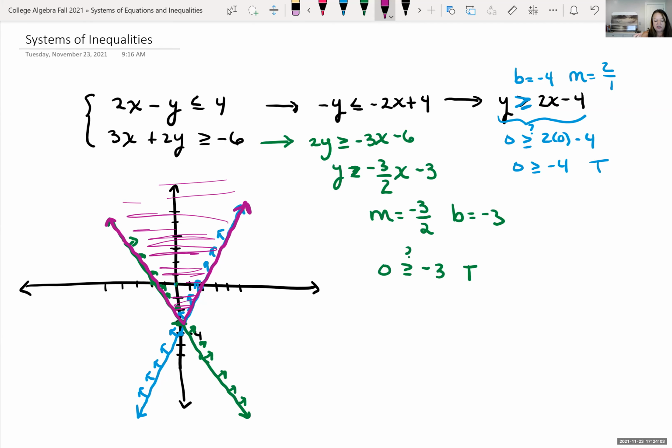Any point that you would choose that falls on the line up here or in between, and you plug that back into your system of inequalities, it would satisfy all those equations. Let's say that we wanted to find this point of intersection.